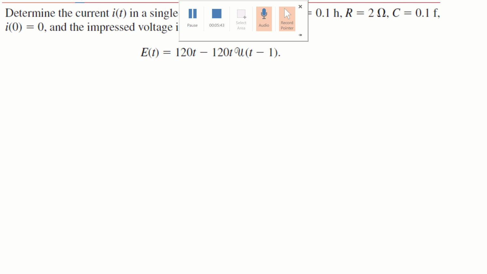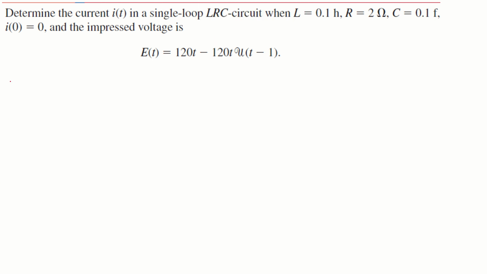Initial condition that is given is I of 0 is equal to 0, and the impressed voltage, the input voltage, is given as E of t is equal to 120t minus 120t u(t minus 1).